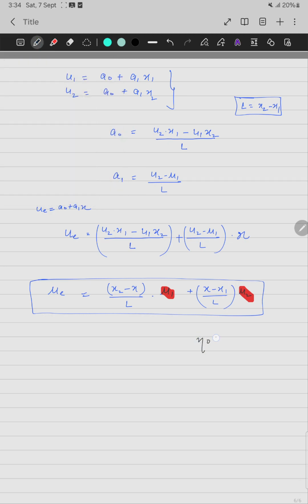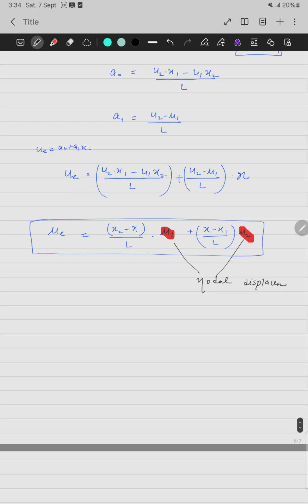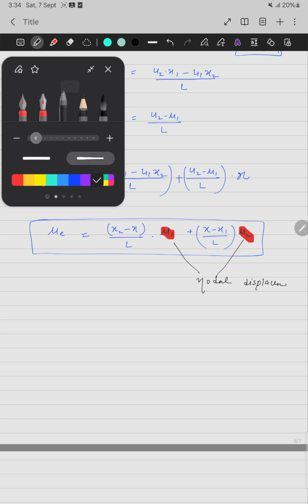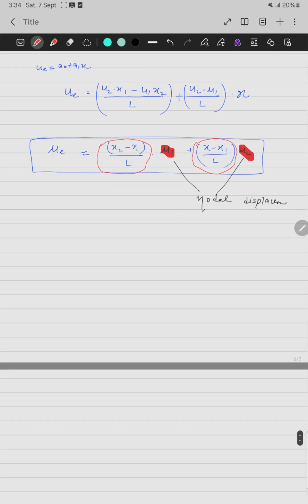Nodal displacements, this u1 and u2. Here we got two terms, one is this and one is this. So basically we can write n1 as (x2 minus x) divided by l, and n2 as (x minus x1) divided by l.